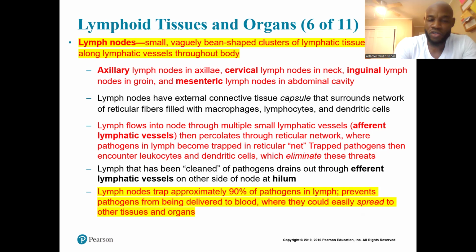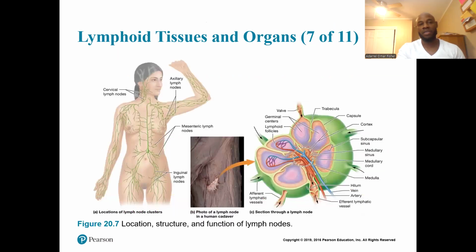See this note here, lymph nodes trap approximately 90% of pathogens in the lymph, prevents them from being delivered to the blood and other tissues and organs, right? So that's our lymphatic system helping us in our immunity, helping prevent disease.